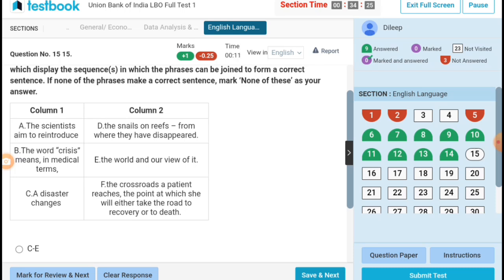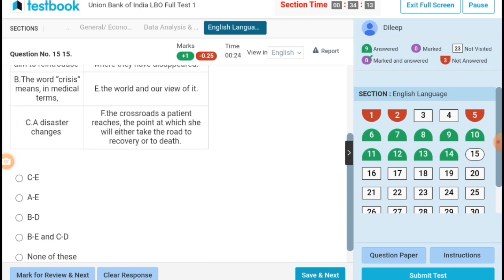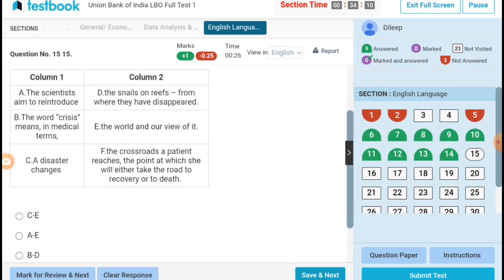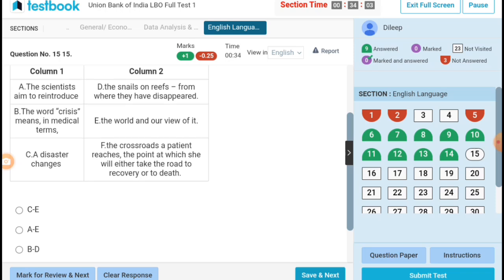The whole crisis means in medical terms. It just changes the world. CE. E.